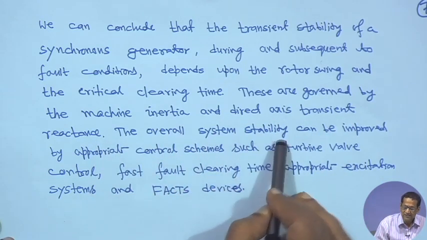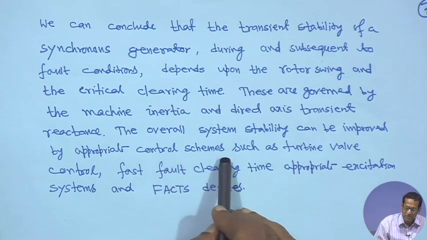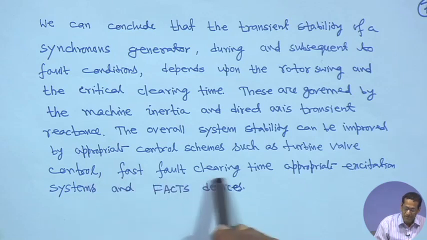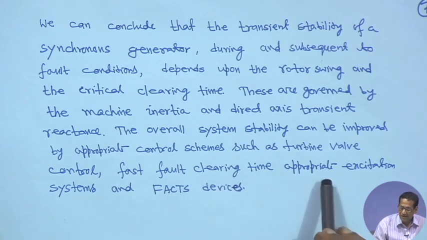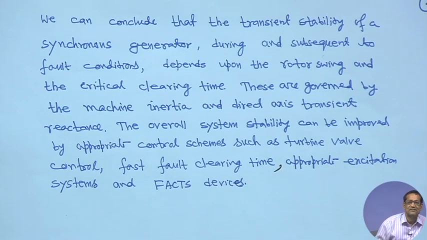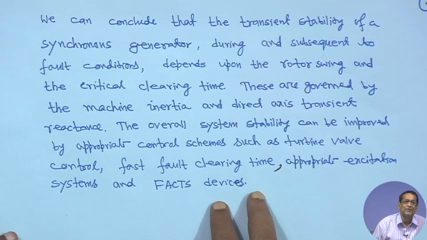The overall system stability can be improved by appropriate control schemes such as turbine valve control, fast fault clearing time, appropriate excitation systems and FACTS devices, that is flexible AC transmission devices, right. Those are the things that can be improved.